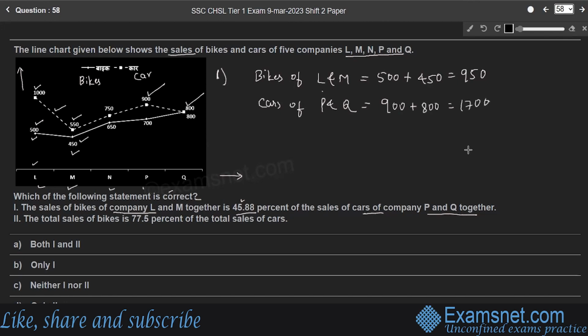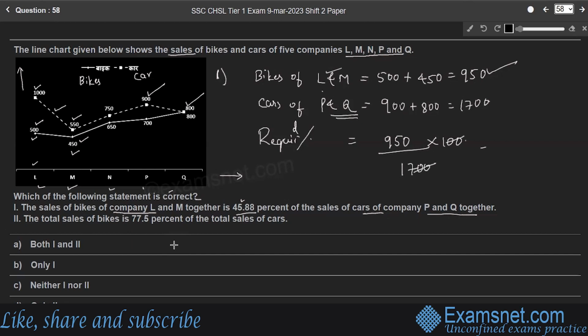Therefore, 950 is the number of bikes sold by company L and M. The required percentage is: 950 is what percentage of total cars sold by P and Q, which is 1700.